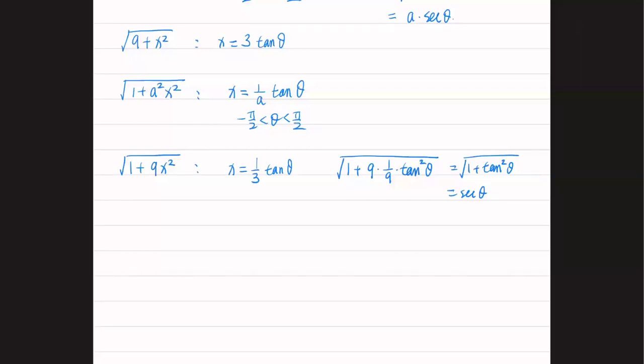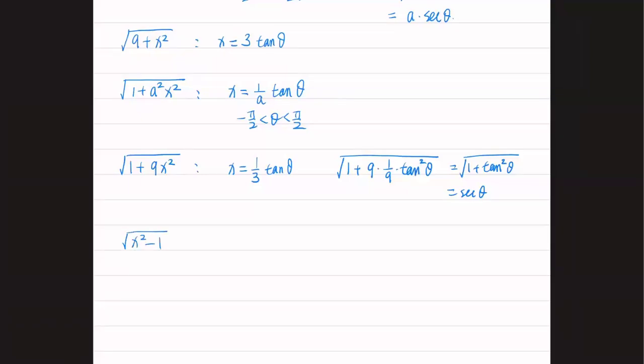Okay, that's the second type. The third type, the square root of x squared minus 1. If we have a factor like this, again, we want to get rid of the square root. Again, we use a trig identity.